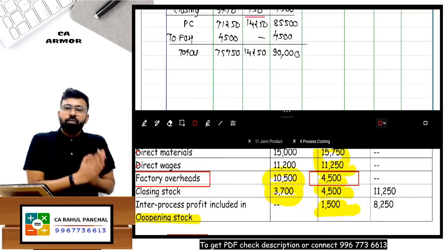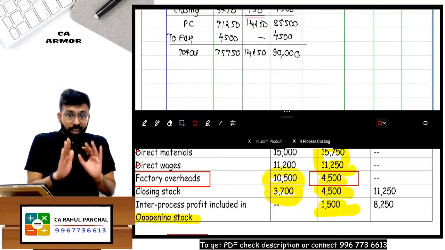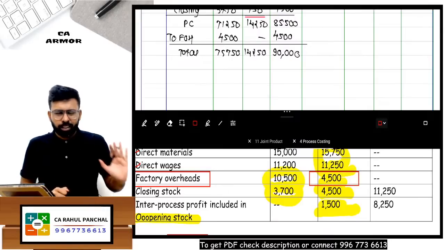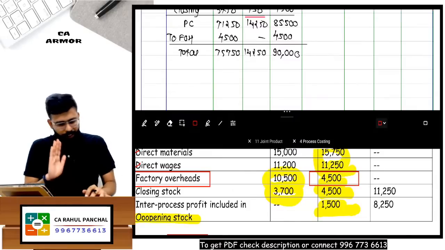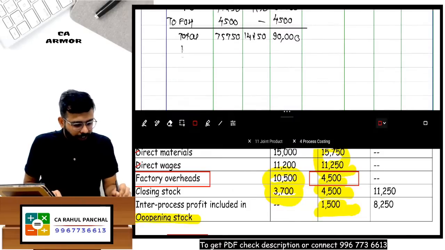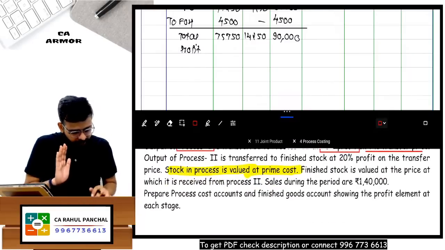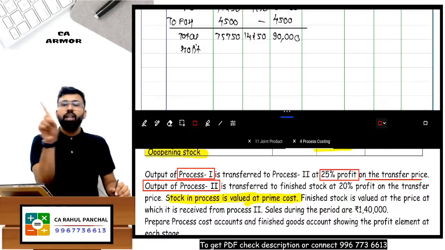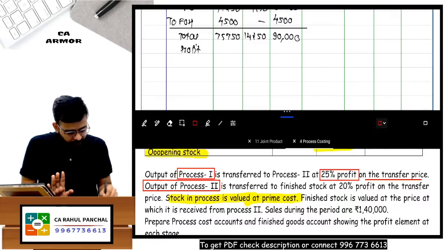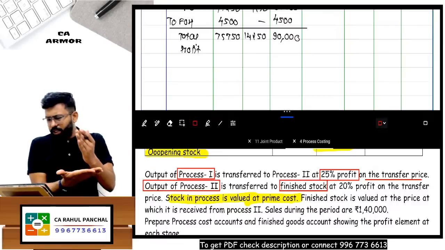Once this is written, now understand a very difficult adjustment. Students get confused about it, so be very careful. Now you need to add profit. Profit arises when process 2 is transferring the goods to finished goods, because process 2 is the last process.